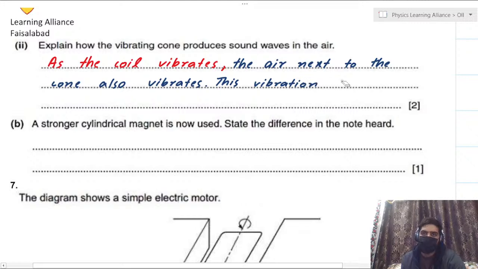This vibration of longitudinal wave or sound wave.